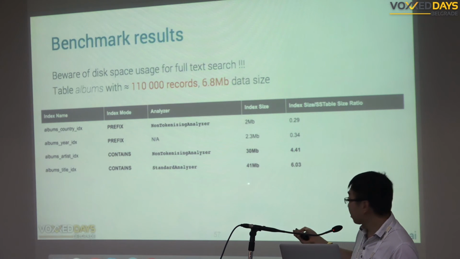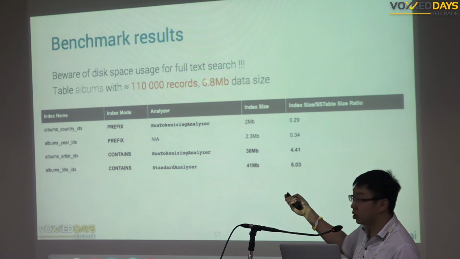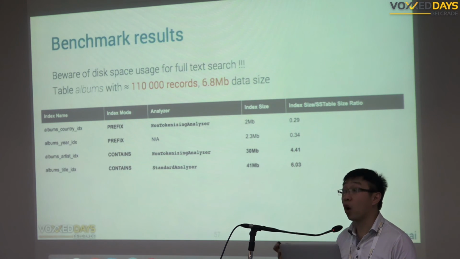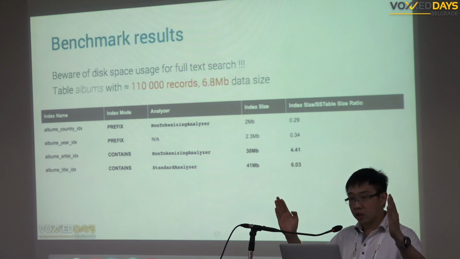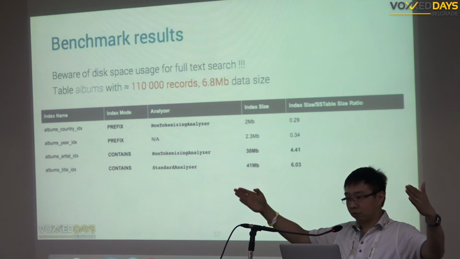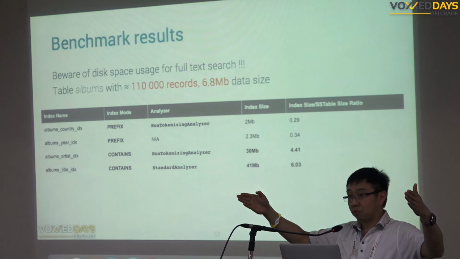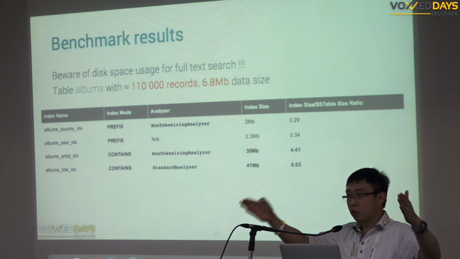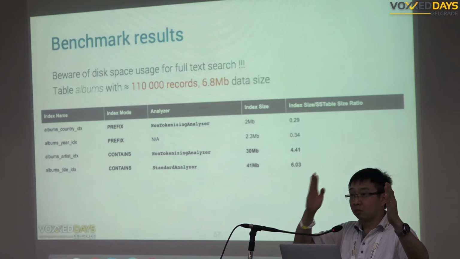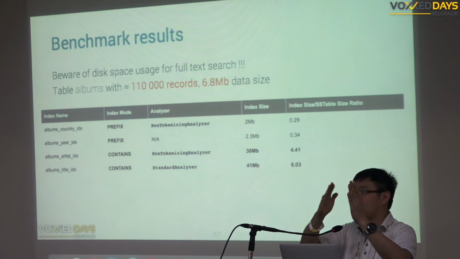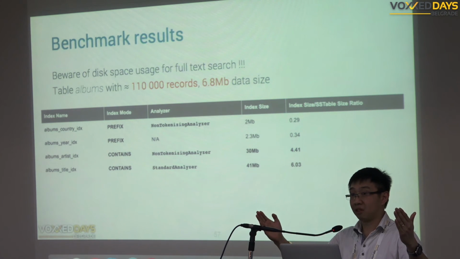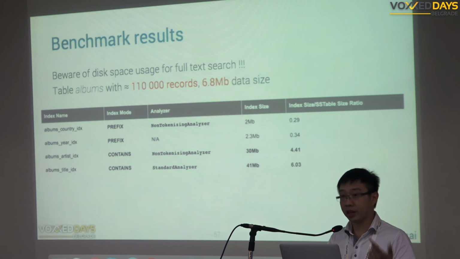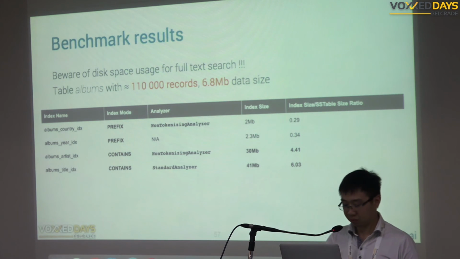The index size is 41 megabytes, which is 6 times bigger than the original size. Why? Because of the contains. What is contains? Imagine you have a big title. SASI will take all the substrings of this big title. So it is very, very expensive. Be careful with contains.